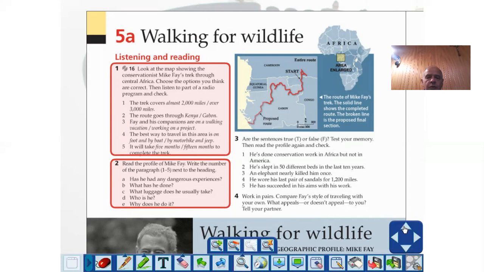The route goes through Kenya, Gabon. Fay and his companions are on a walking vacation, working on a project. The best way to travel in this area is on foot and by boat, or by motorbike and jeep. It will take 5 months, 15 months to complete the trek.